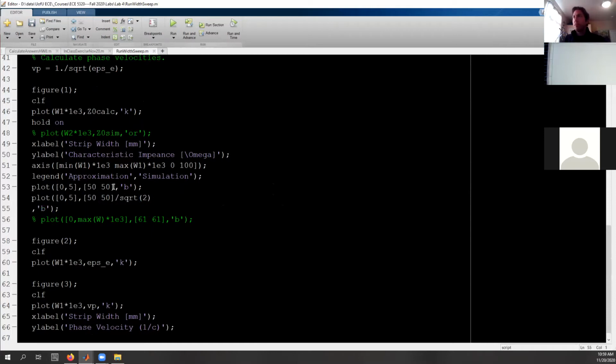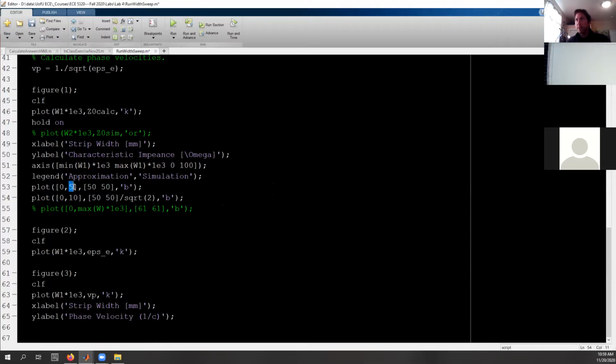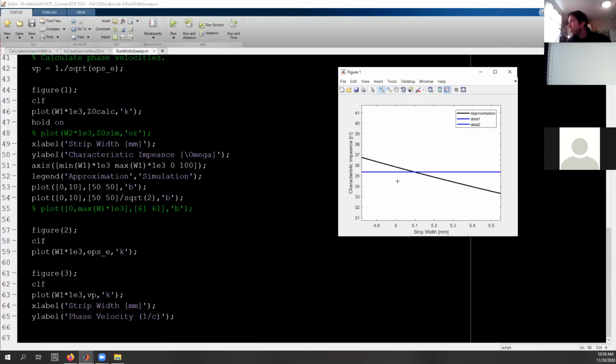That'll create my little intersection line. Let's have it go all the way out to 10 while we're at it. There we go. So you look at that. 50 divided by square root of 2 is around 35-ish, and you see you need 5 millimeters.